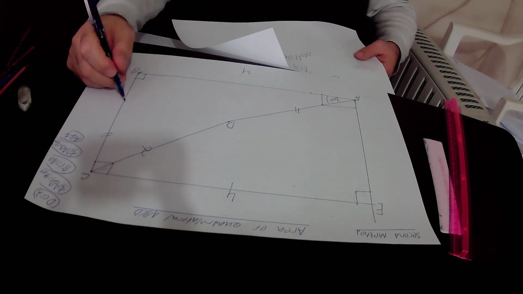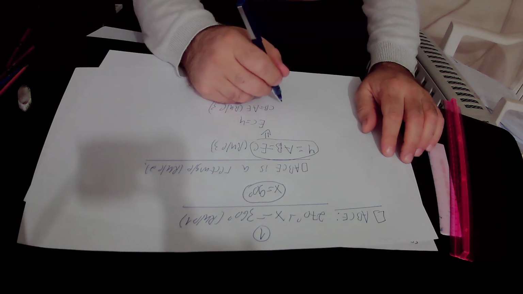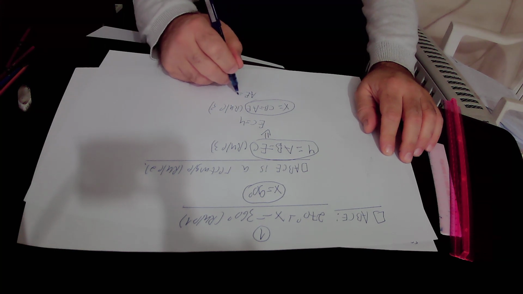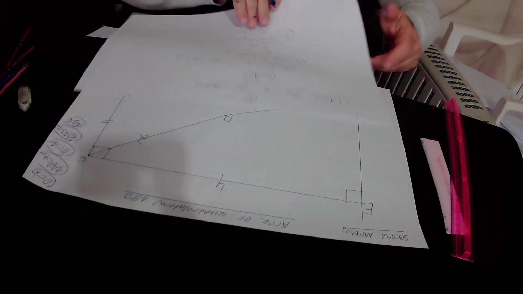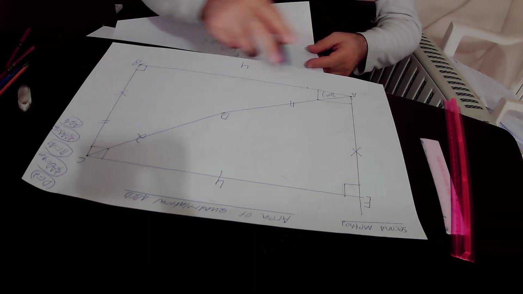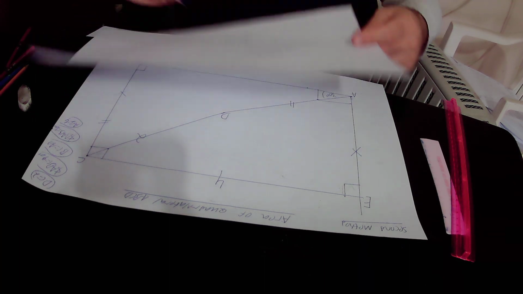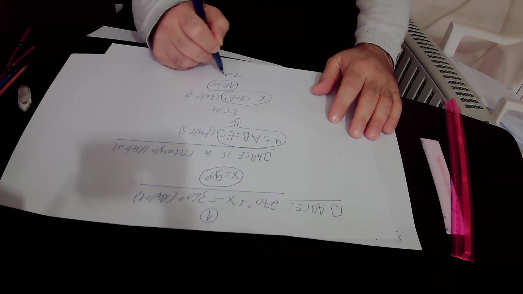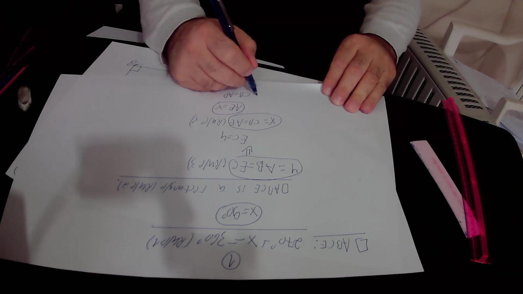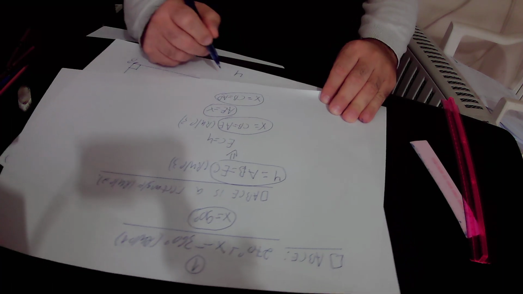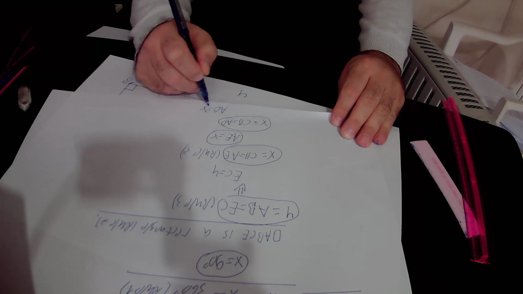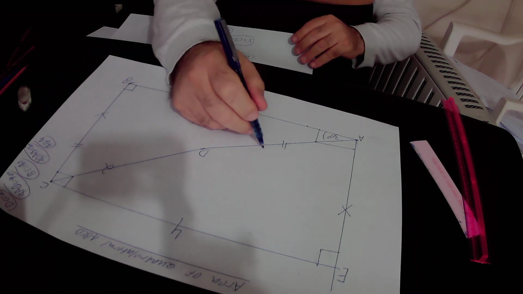And if we define CB as X, from this equation we will derive that AE also equals X. But because CB equals AD according to what is given in the question, and CB equals X according to our definition, from this equation we will derive that AD also equals X.